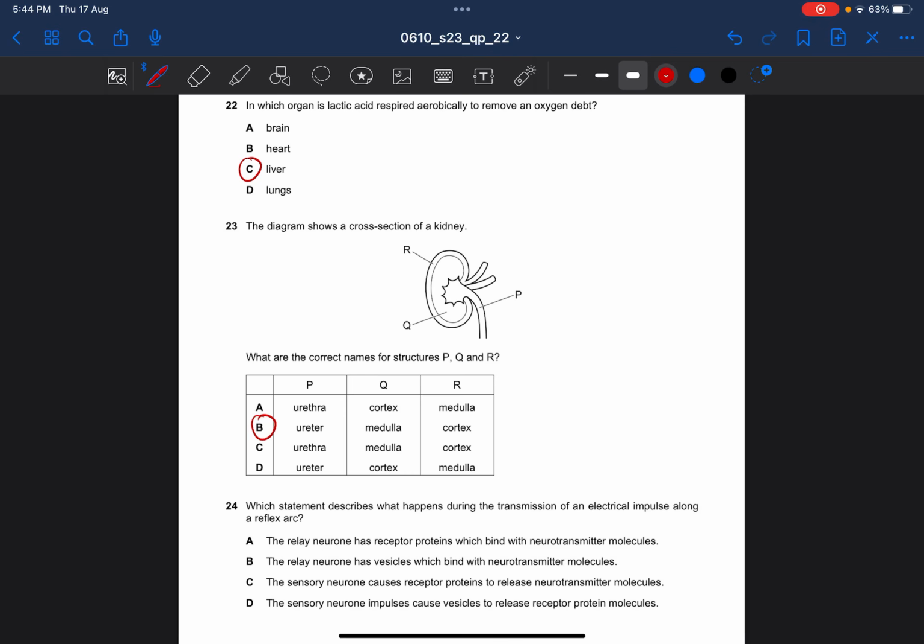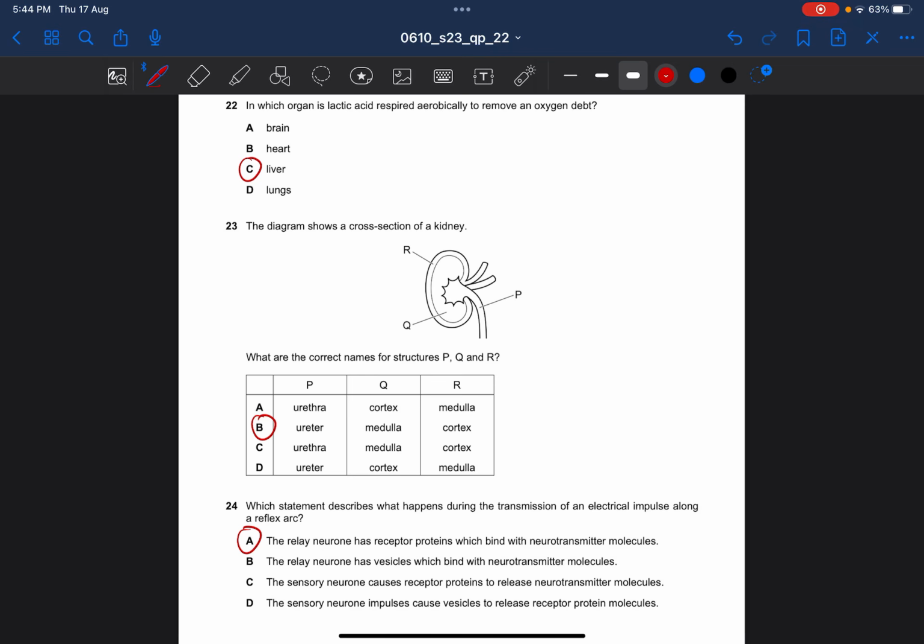Okay. Question 24. Which statement describes what happens during the transmission of an electric impulse along a reflex arc? So the answer for this question is A. The relay neuron has receptor proteins which bind the neurotransmitter molecules. That's correct. So the receptor proteins in the relay neuron accept the neurotransmitter molecules being transported through the synaptic cleft.